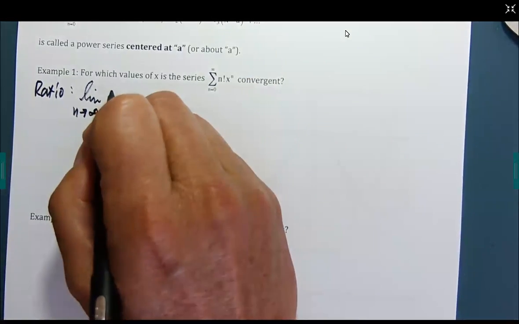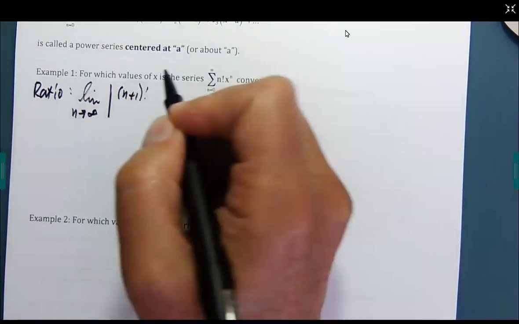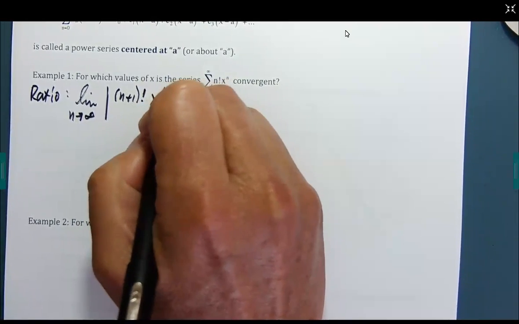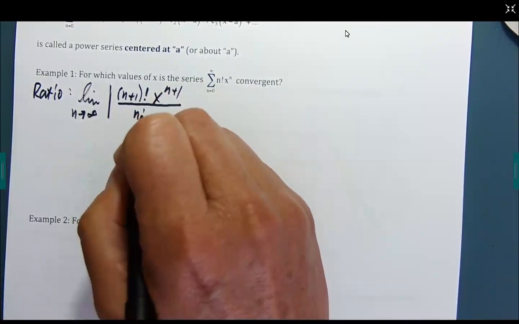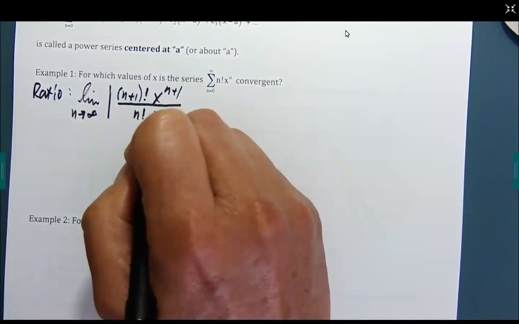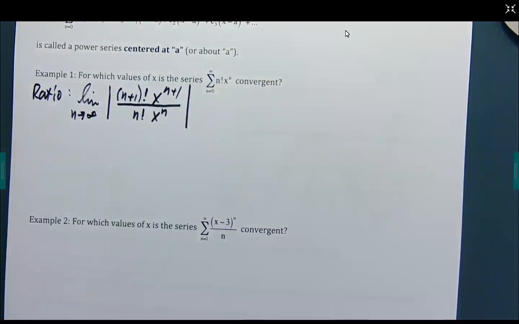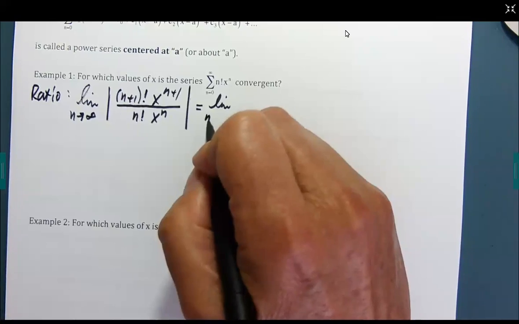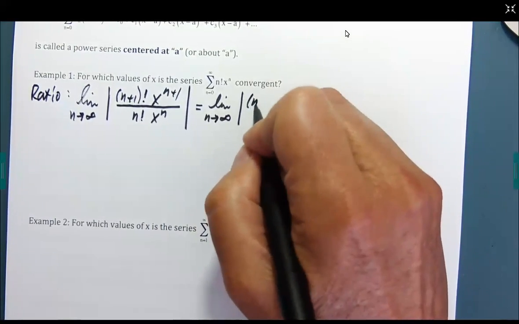And this is going to be n plus 1 factorial, then x to the n plus 1, over n factorial x to the n power. And what I'm going to do is rewrite some of this like this.